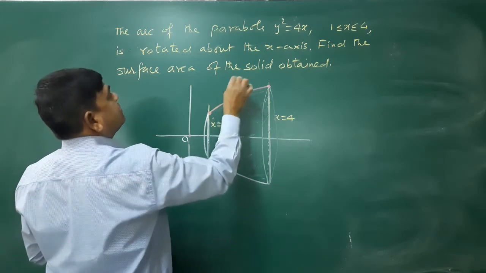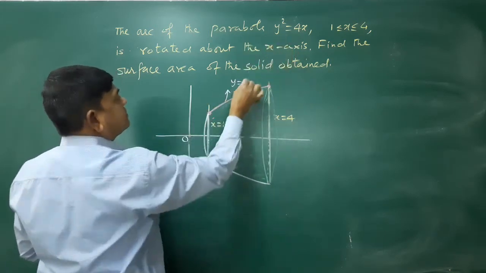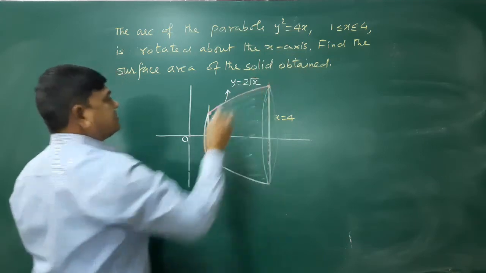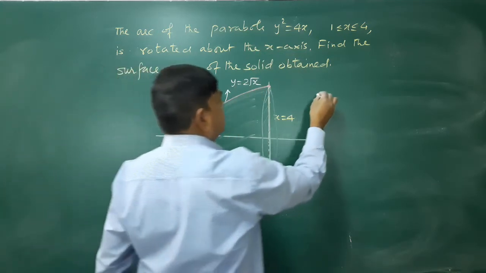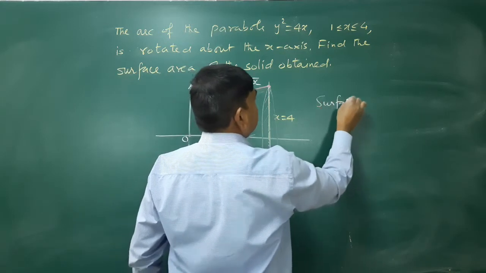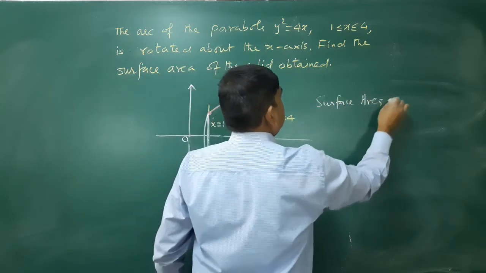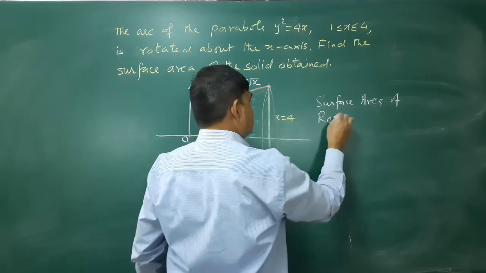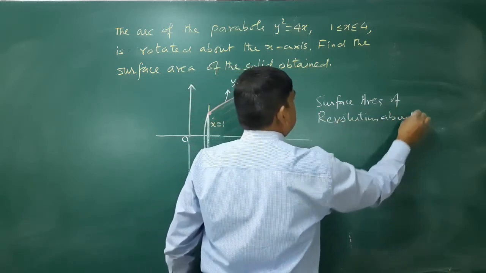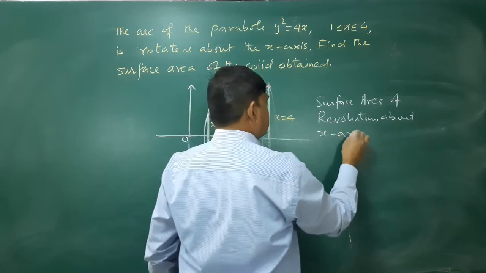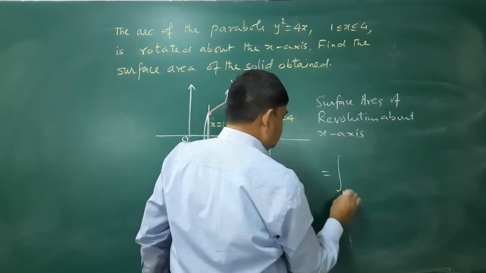This is y equals 2 root x. Surface area of revolution about x-axis, from 1 to 4.